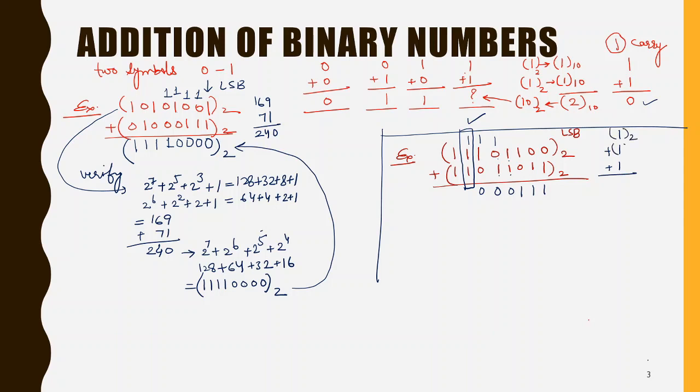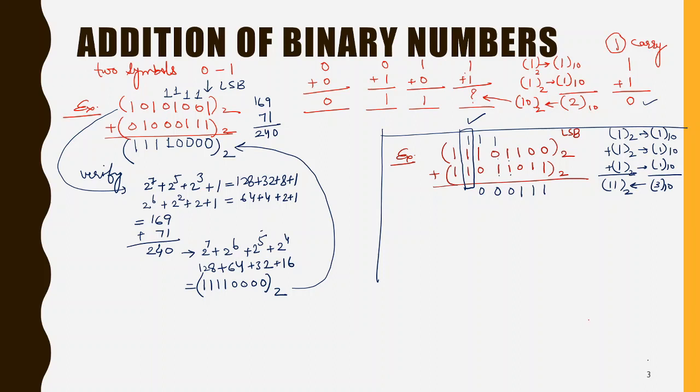These are binary digits, right? And if I write their decimal digits, they are also 1. And if I add them, this becomes 3 in decimal. And if I write it in binary, it will be double 1, right?